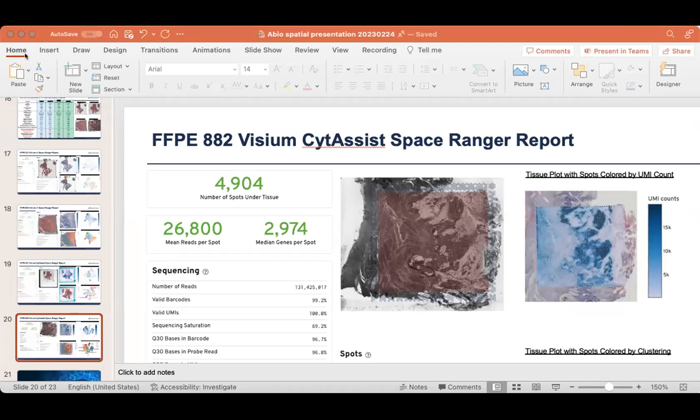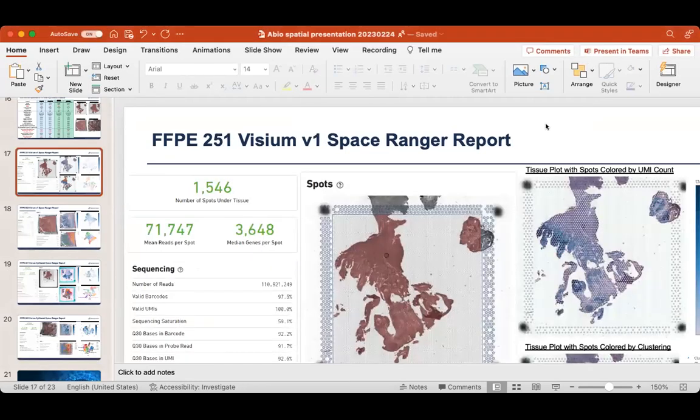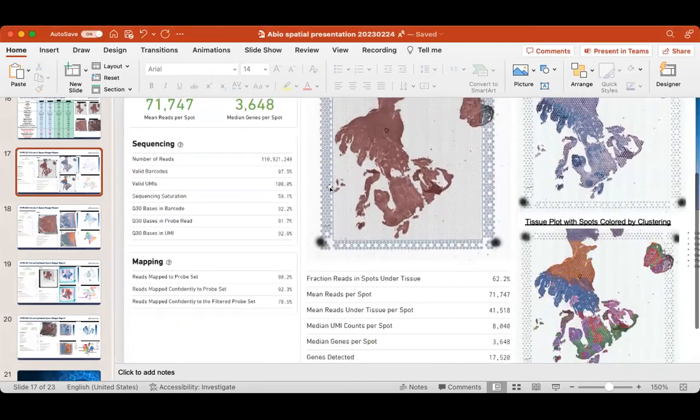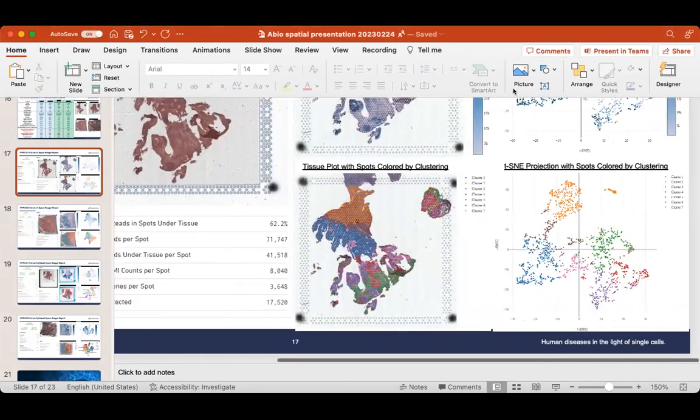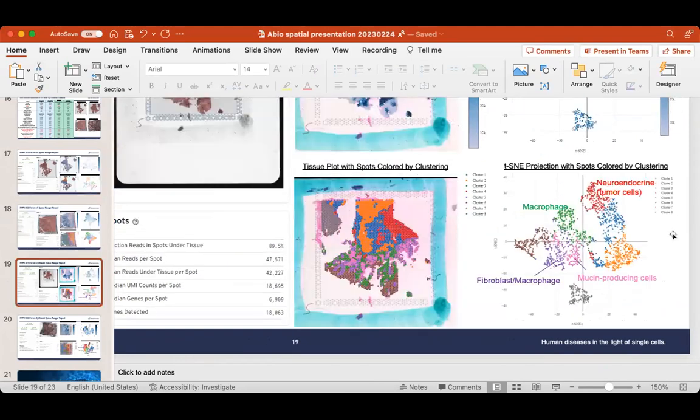That's a good question. I think for the 251, perhaps we don't see an increase of clusters because the data is already pretty good. Let me see here. I think there are 7 clusters, and I would say this is quite similar.